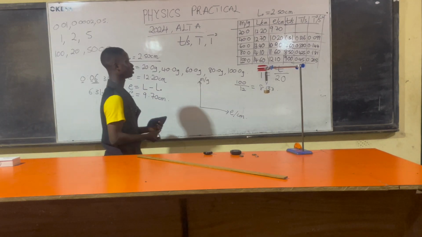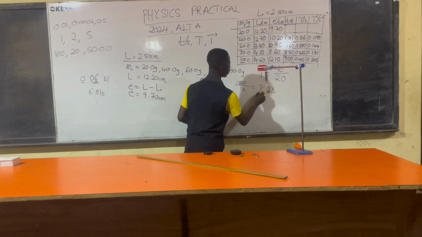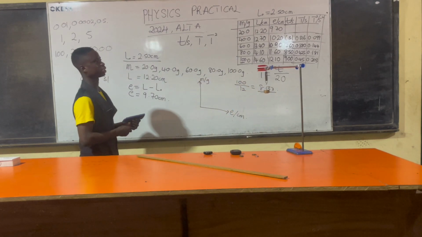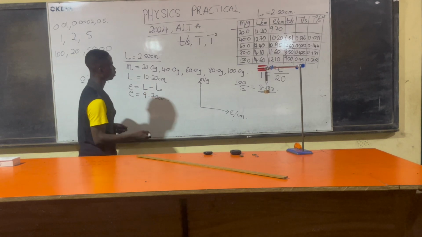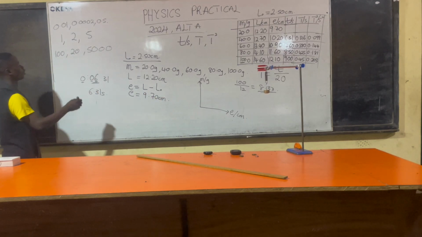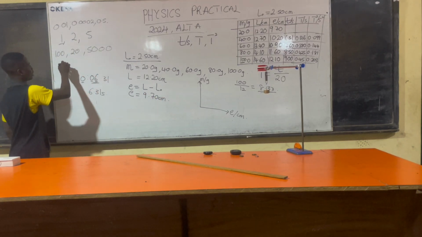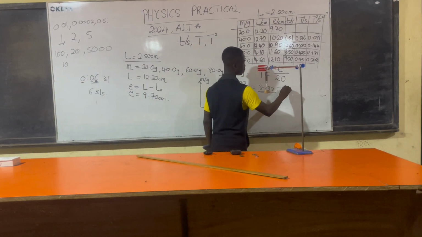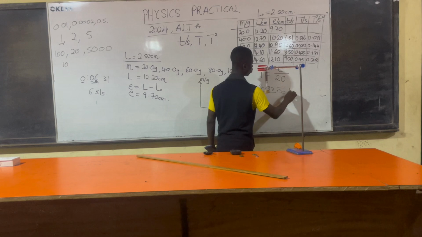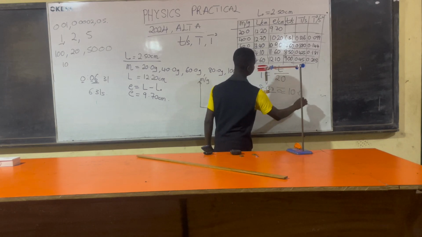So for this one, since 8.33 is not a reasonable scale, we will round it up to the nearest reasonable scale, and the nearest reasonable scale is 10. So we will round 8.33 up to 10.00.